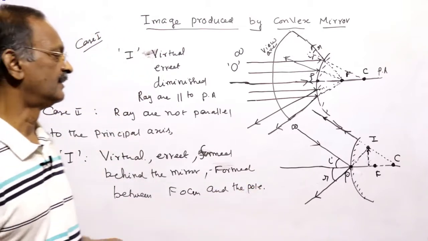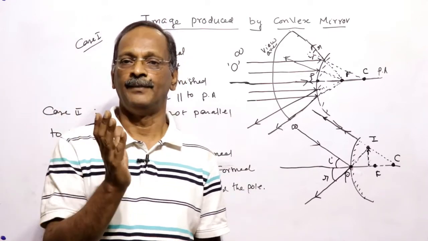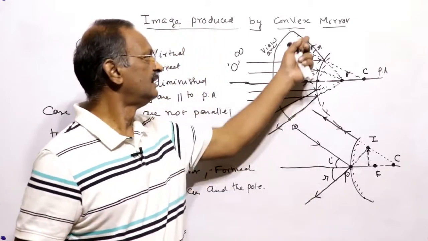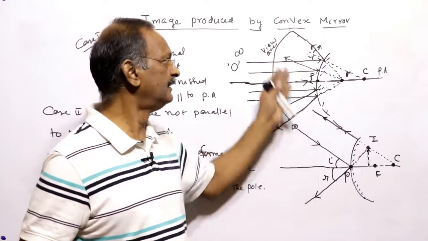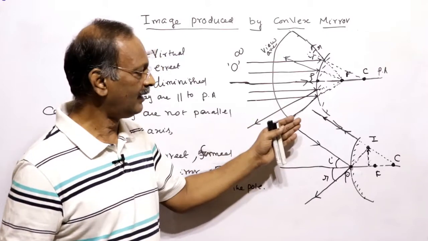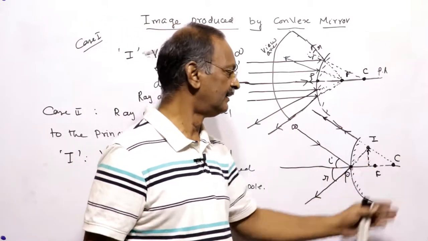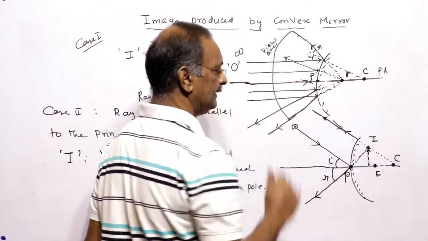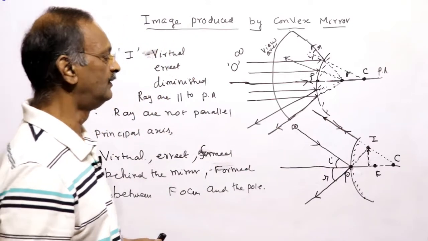So in case of a convex mirror, when rays are coming from infinity, not parallel to the principal axis, we have a wide range of view area. When the rays are not parallel to the principal axis, they form the image behind the mirror, and the image is virtual, erect, and formed between the focus and the pole of the mirror.